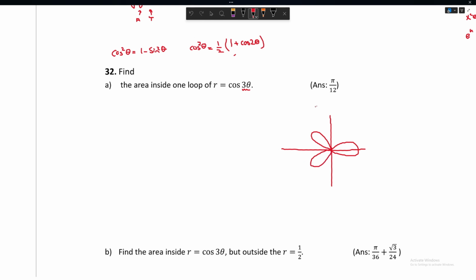And so we're looking for, if you know the area formula, it's the integral of 1/2 r squared d theta.